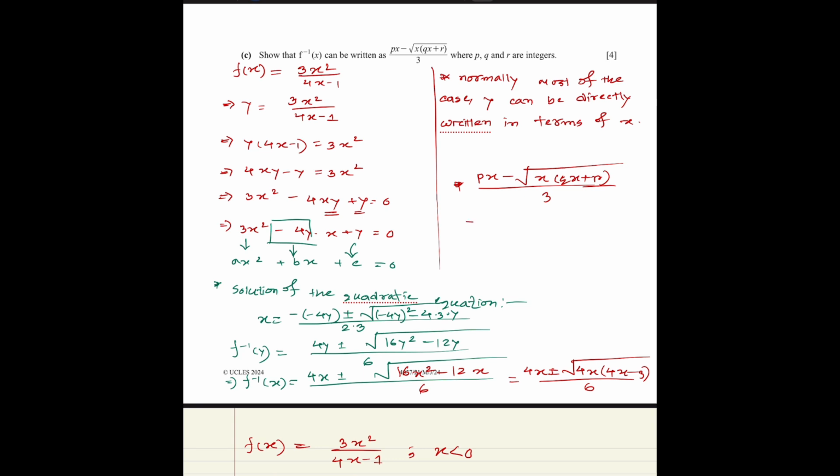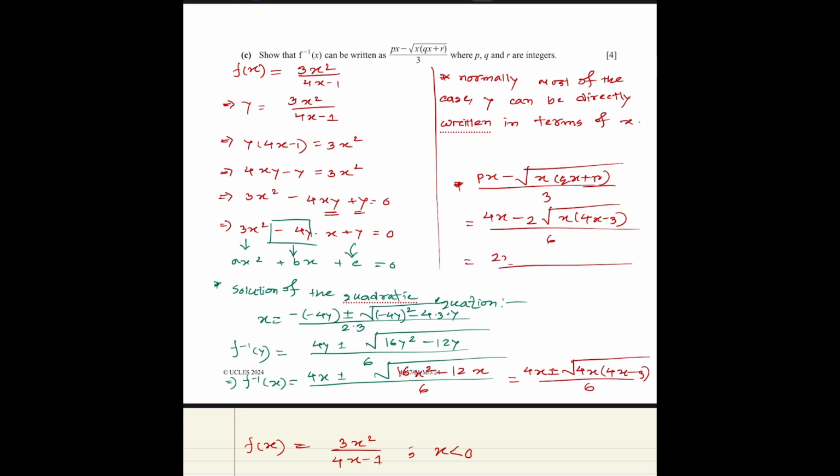We just have to convert into that. So 4x minus the square root of 4, which is 2, times the square root of x times (4x minus 3), divided by 6.